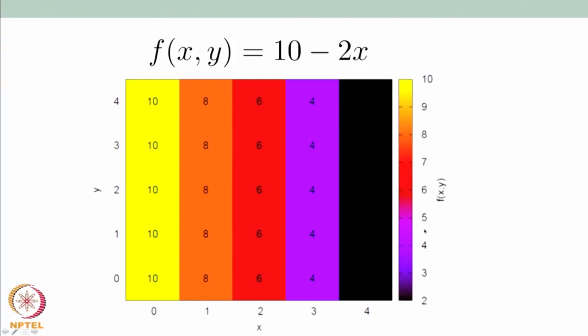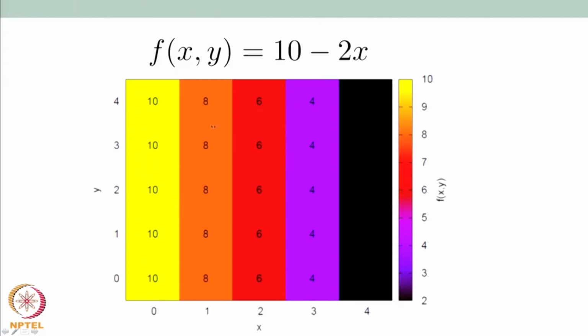Violet bluish means around 3 and 4. So the function value can be shown as a color. When I substitute x is 0, 10 minus 2 times 0 is 10, and 10 is yellow. So the whole thing is yellow, whatever the y value.